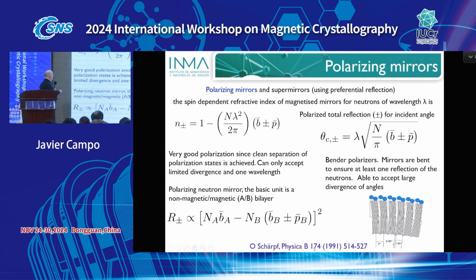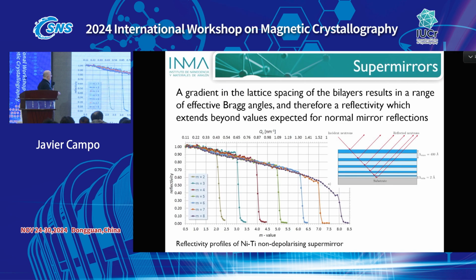Like this, we can polarize by using one mirror. But many times we use not a bilayer, but a multilayer system, for which we can optimize the reflection for a different range of wavelengths.